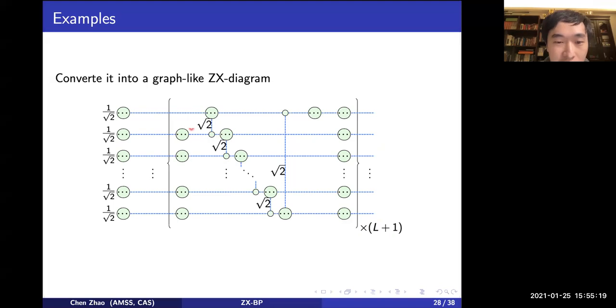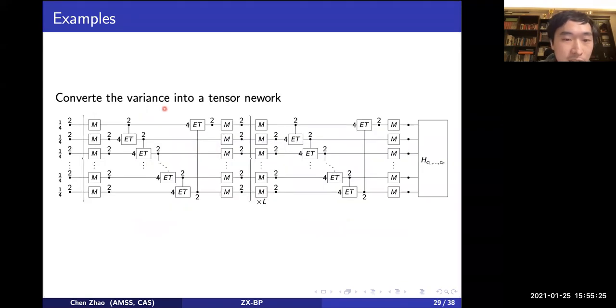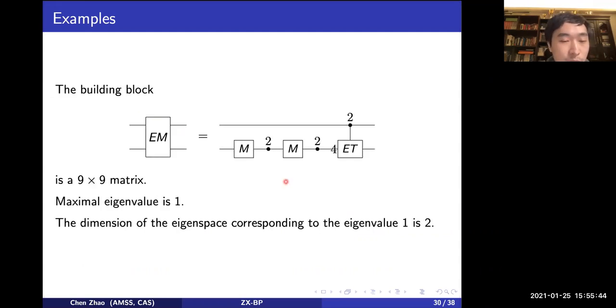And for this part, we can use similar techniques to remove it. Then the variance can be represented as this tensor network. So if we want to analyze the barren plateaus phenomenon, we just contract this tensor network. And the building block of this tensor network is E_M, which is defined like this.